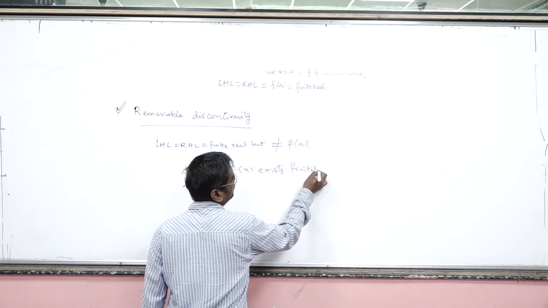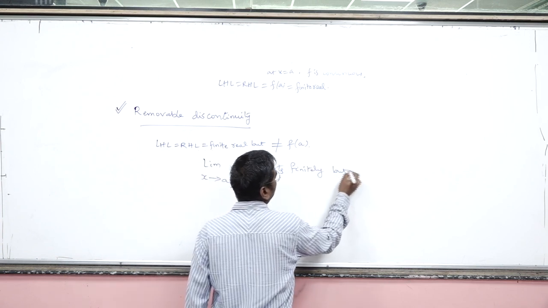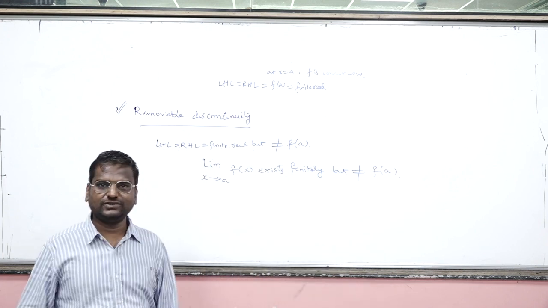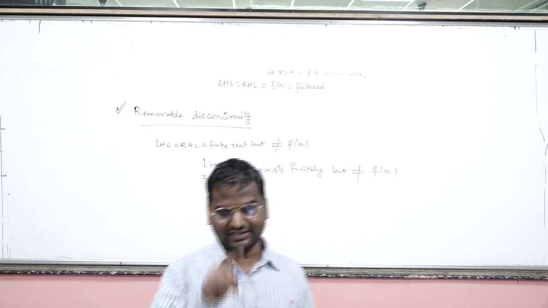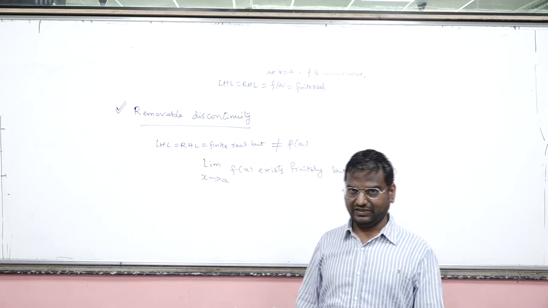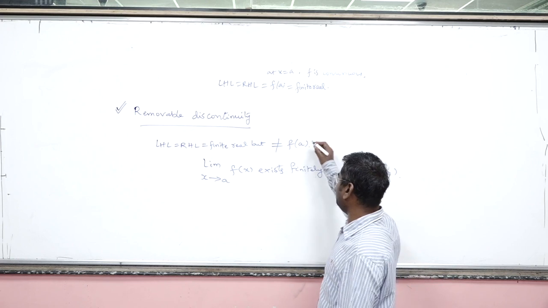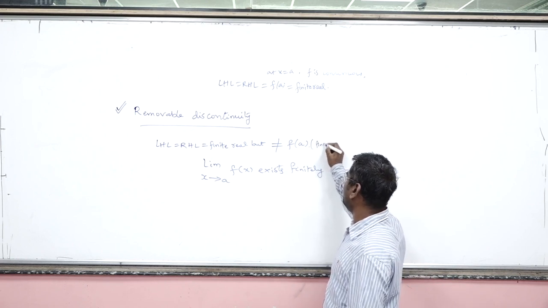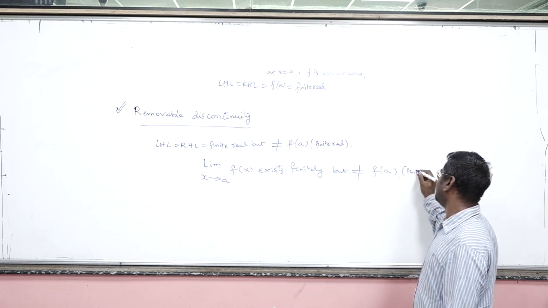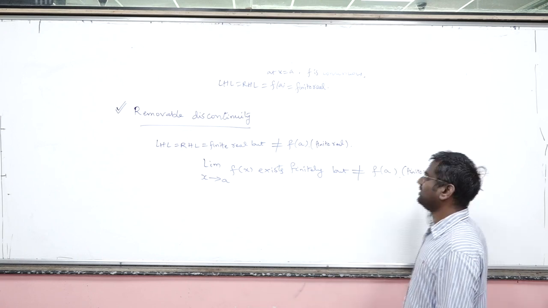You need to remember all these things, okay? But it is not equal to f of a. The limit exists and is a finite real number, but its value is not equal to f of a, and f of a is also a finite real number.